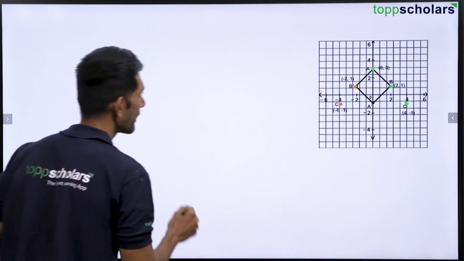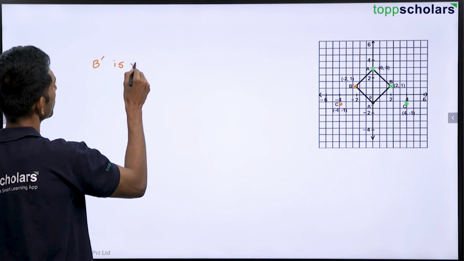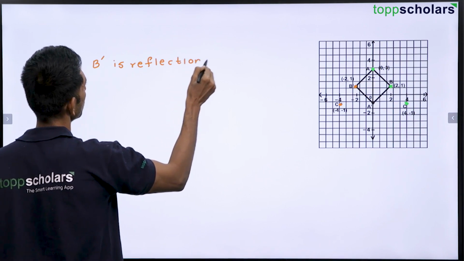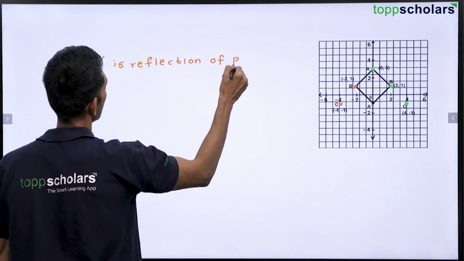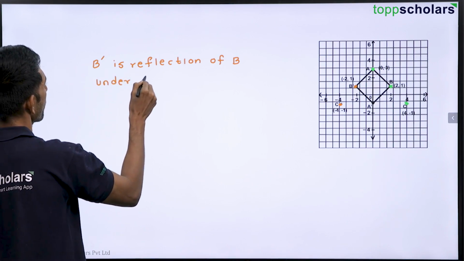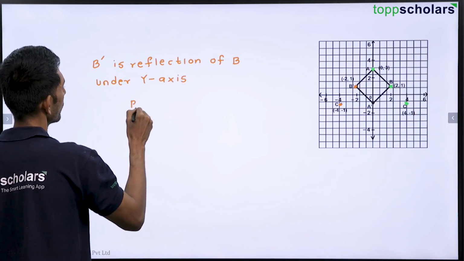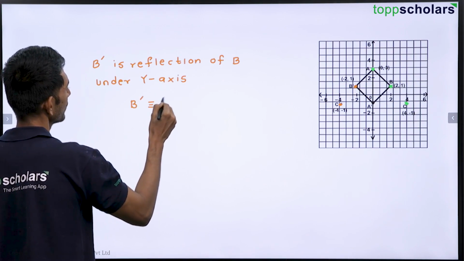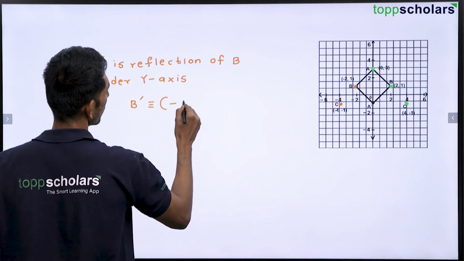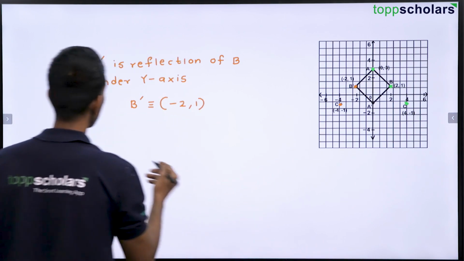So we can say that B dash is reflection of B under y-axis. What are the coordinates of B dash? The coordinates of B dash are going to be -2, 1.